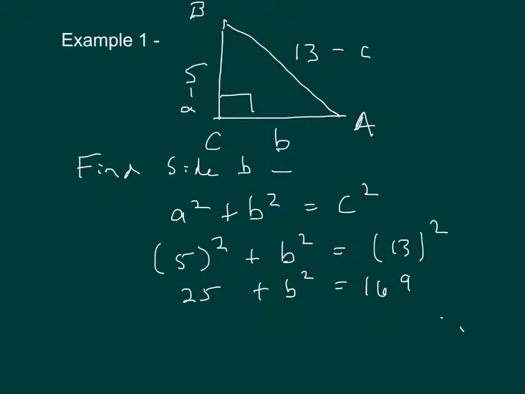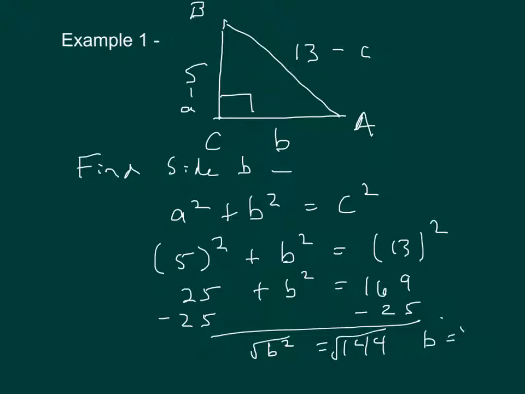This is just an algebra equation now. We move 25 over to the right, and we're left with B squared is equal to 144. To get rid of the square, we must take the square root of both sides. When we take the square root of 144, we get B is equal to 12. So we found side B, which equals 12.